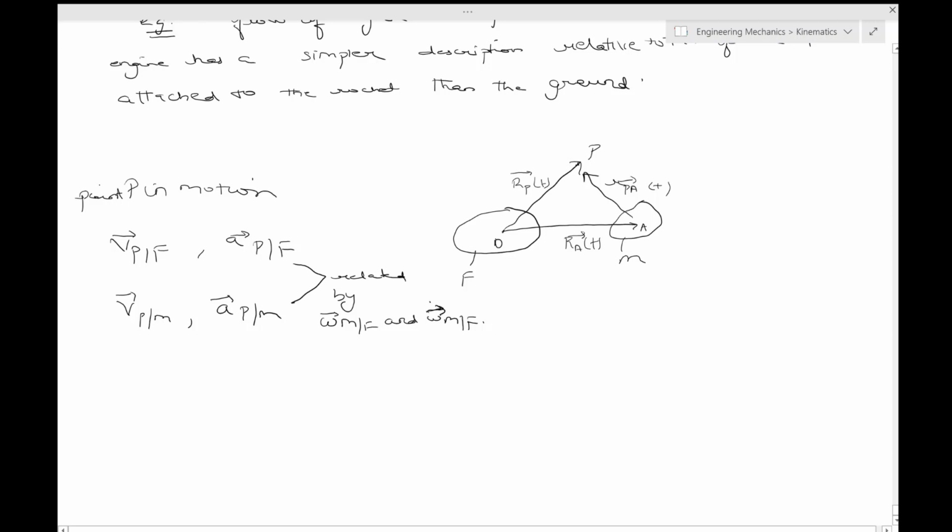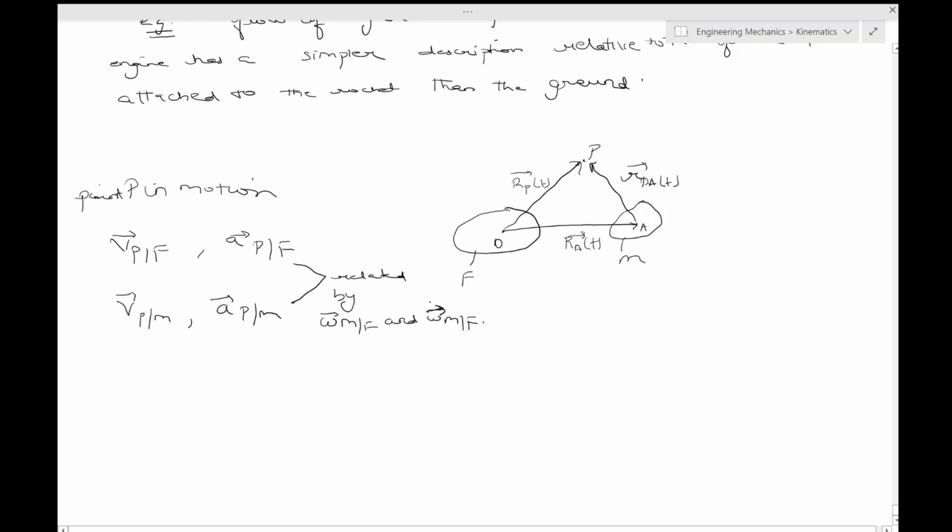Okay, so we have shown in this figure the position vector of point P as R_P of t, and we have shown that O is definitely fixed on F, A is fixed on M, and clearly the point P is also being observed from M, and that position vector is shown by R_PA at any given time.